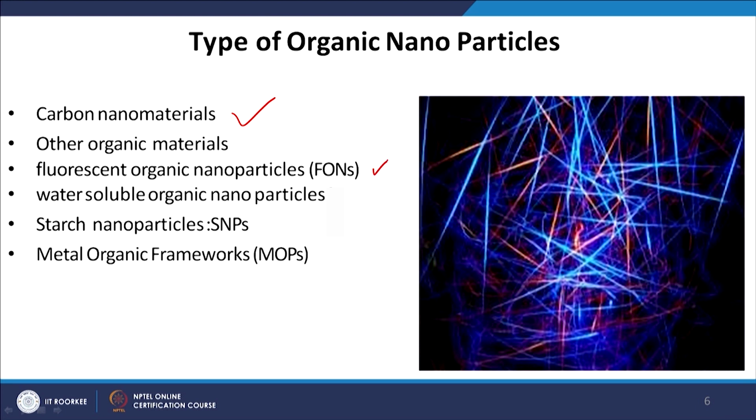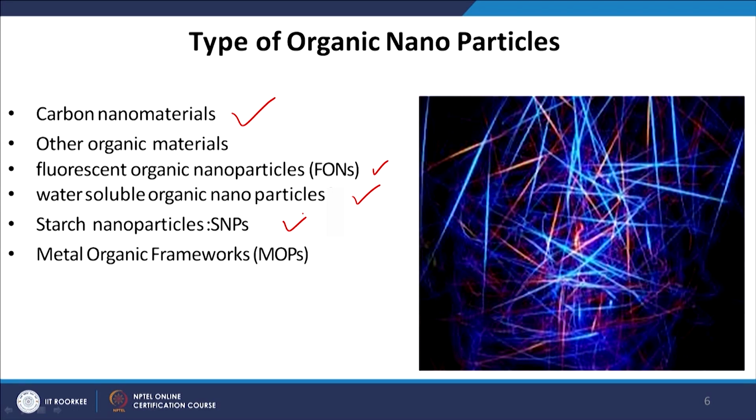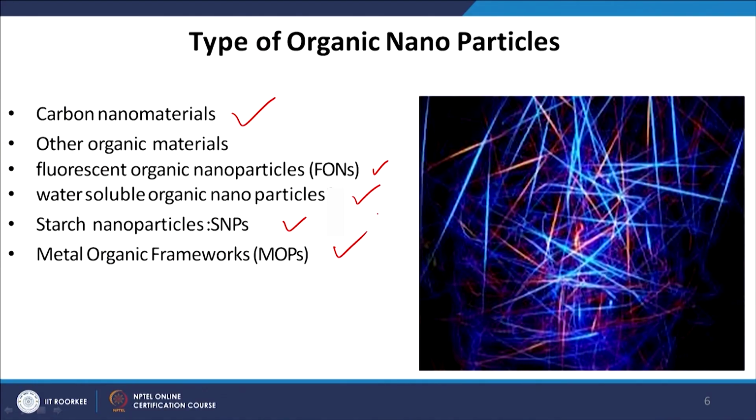Water soluble organic nanoparticles: the advantage is that you can use them for drug delivery systems and for bioimaging. Starch nanoparticles: starch is a carbohydrate, so with carbohydrate based nanoparticles you can encapsulate any kind of drug inside the starch nanoparticle and use it as a drug delivery agent. And metal organic frameworks. So, these are all different examples of organic nanoparticle systems.